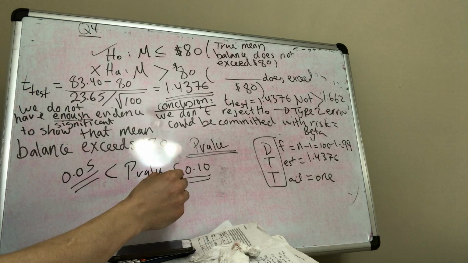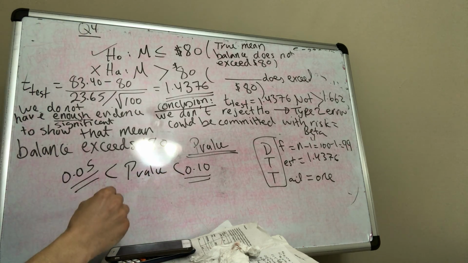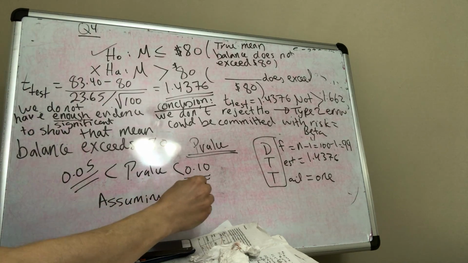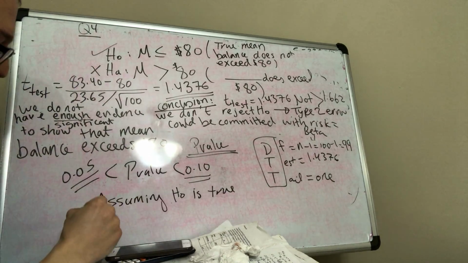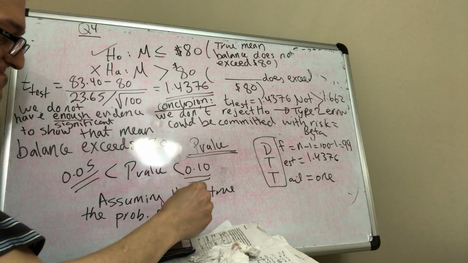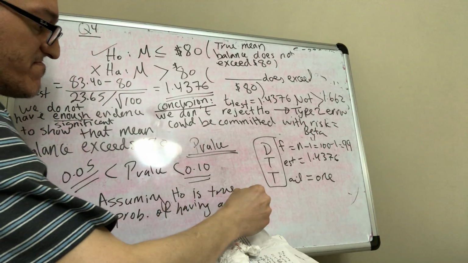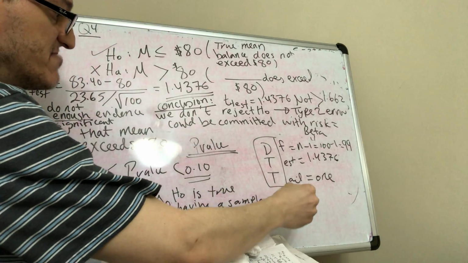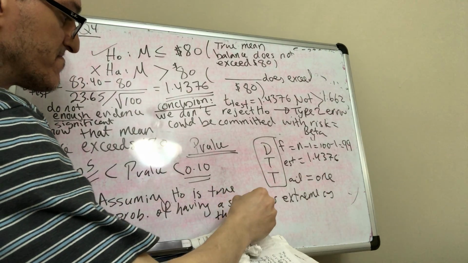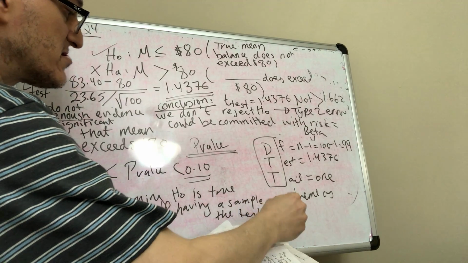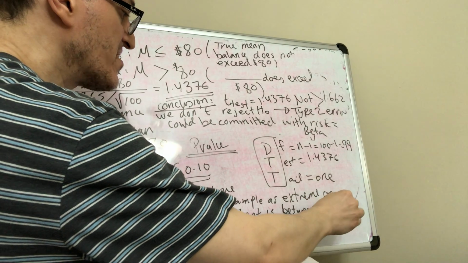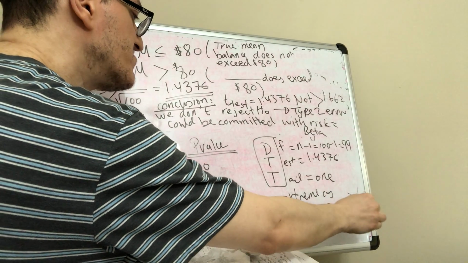If they say interpret the meaning of the p-value, you say this: assuming H0 is true, the probability of having a sample as extreme as the test statistic is whatever the value is, between 5% and 10%.